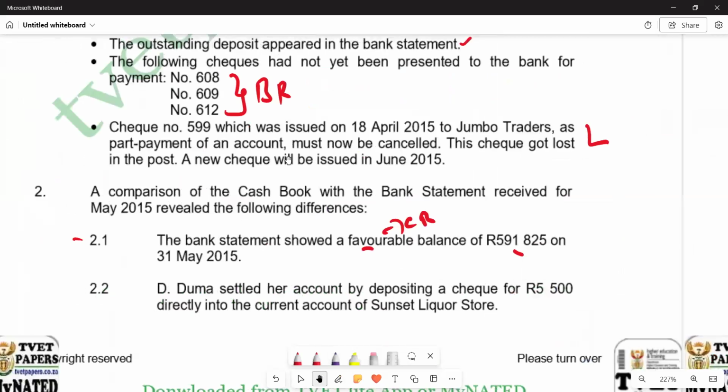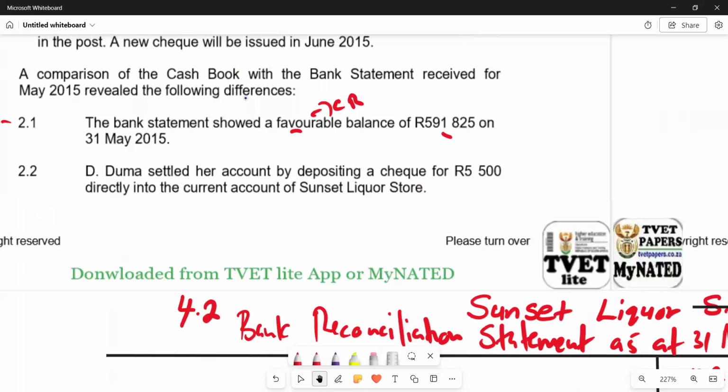And then you'll see that after that one, we have 2.2, which is saying Duma settled the account by depositing a check for 5,500 directly to the current account of Sunset Liquor Store. So this one is a transaction that is appearing on the bank statement, but obviously it is a deposit that was made directly at the bank.